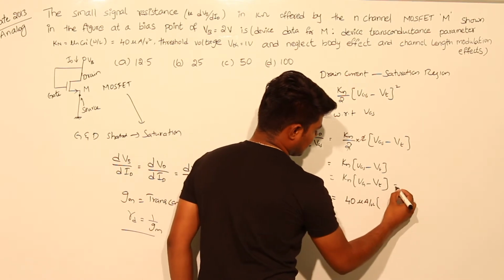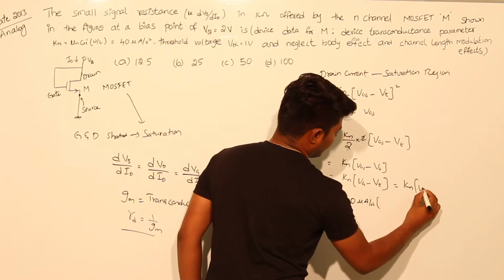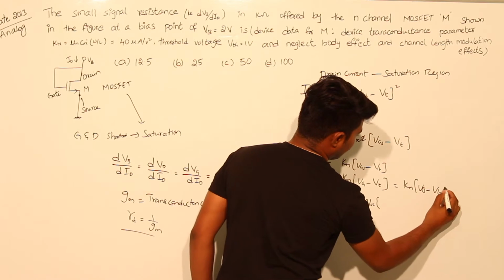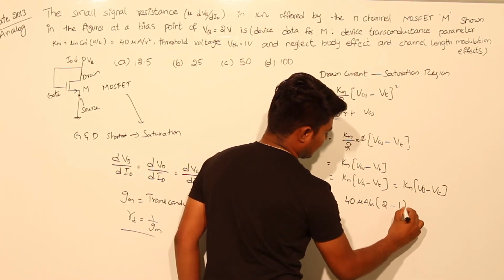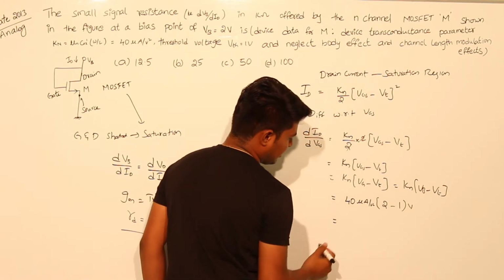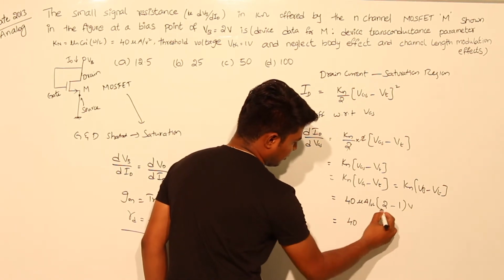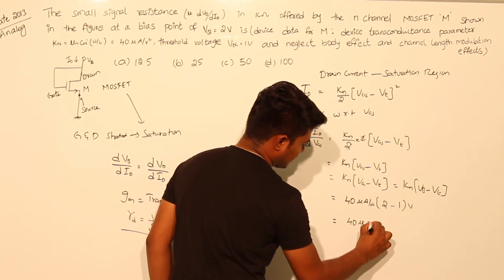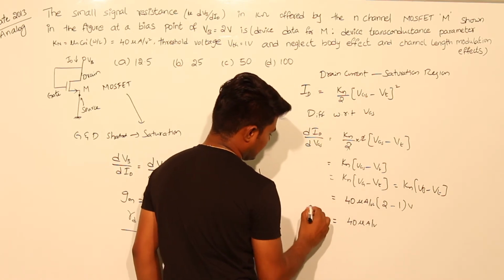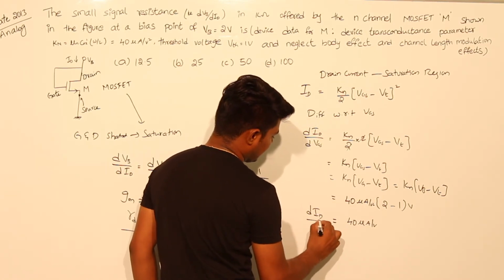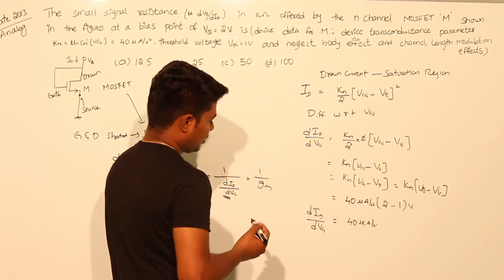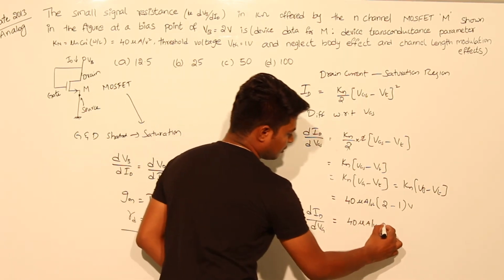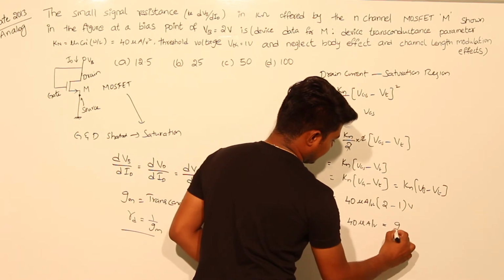And Vg is the bias voltage of 2 volts. So this is Kn into Vb minus Vt, where Vb is given as 2 volts, minus Vt of 1 volt. This will be 40 into (2 minus 1), which is 40 microamps per V. This is dId by dVg, which equals the transconductance Gm.